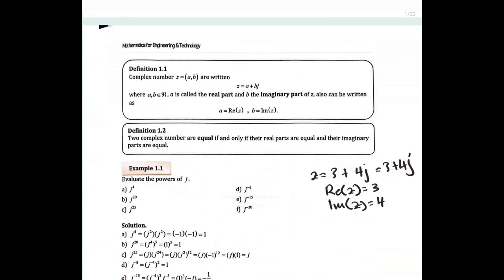Now, let's learn how to evaluate higher powers of j. Instead of memorizing, we will use a simple rule, which comes from the idea of j equal to the square root of negative 1.